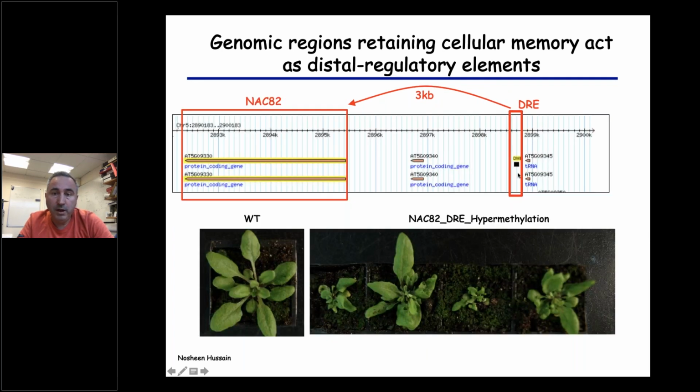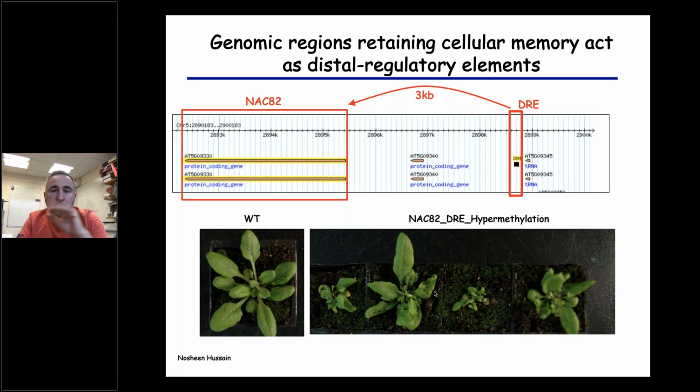She has done another intergenic region that is around 3 kb upstream of another transcription factor known to be implicated in abiotic and biotic responses, and the hypermethylation of this region caused a plethora of abnormalities in the progenies. This is caused by the ectopic activation of this transcription factor.